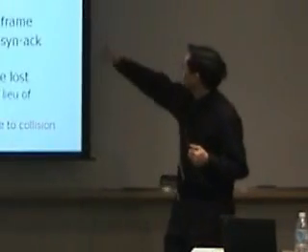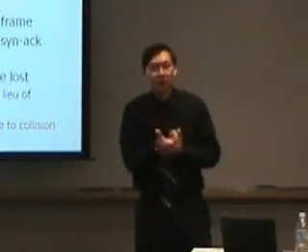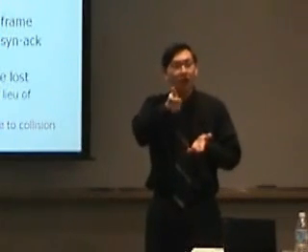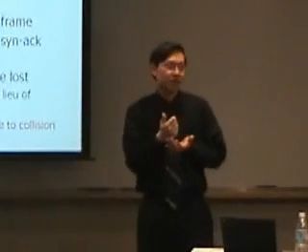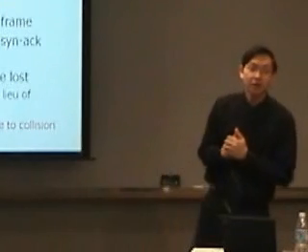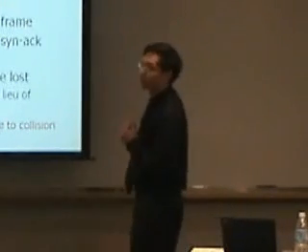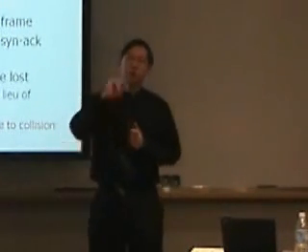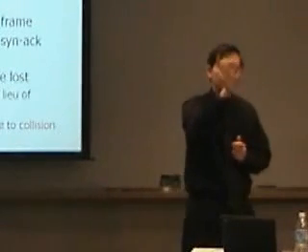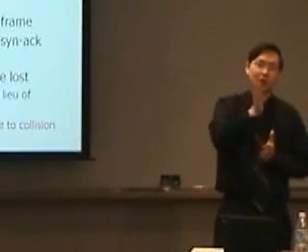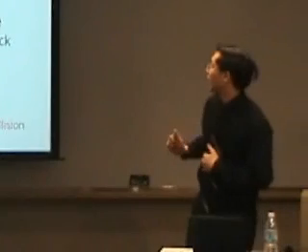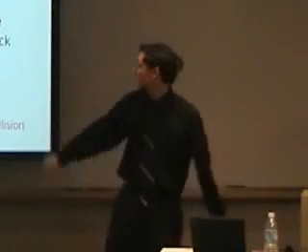Then you sense the carrier at the end of each slot. If you see no carrier, that means the slot is idle, and you decrease your counter. As soon as you sense a carrier presence, you pause the counter. As soon as the counter reaches 0 at the end of the slot, you just transmit.